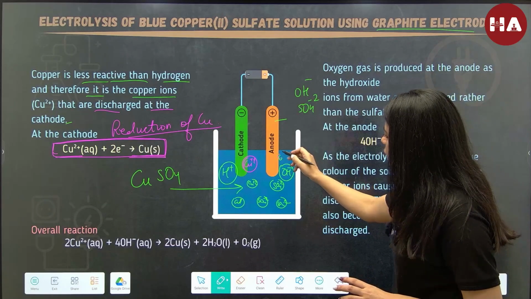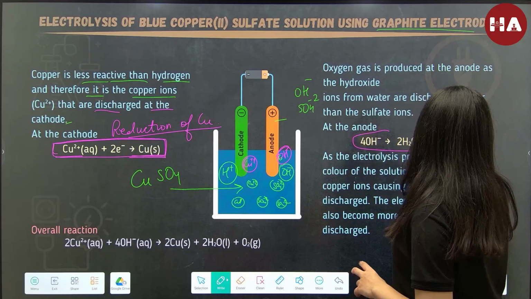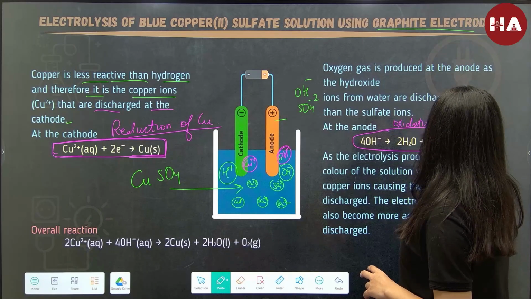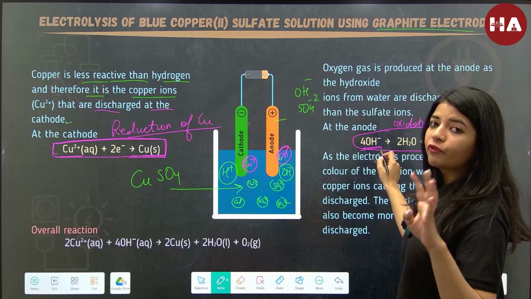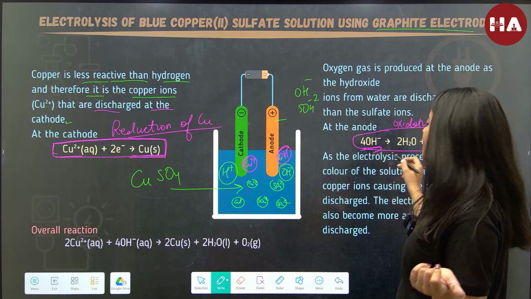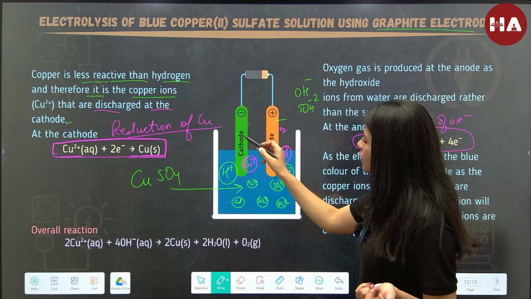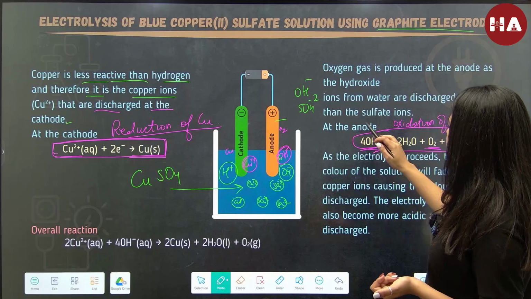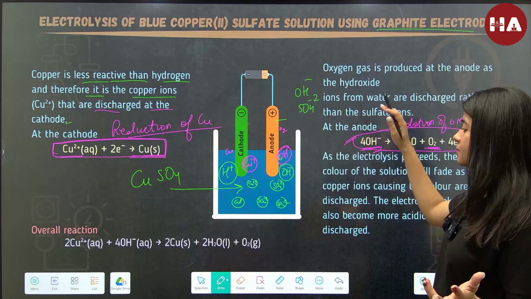If you do oxidation of OH minus, it will lose 4 electrons and oxygen gas O2 will be produced. So this is the half equation at the anode, or the oxidation half of this particular reaction.